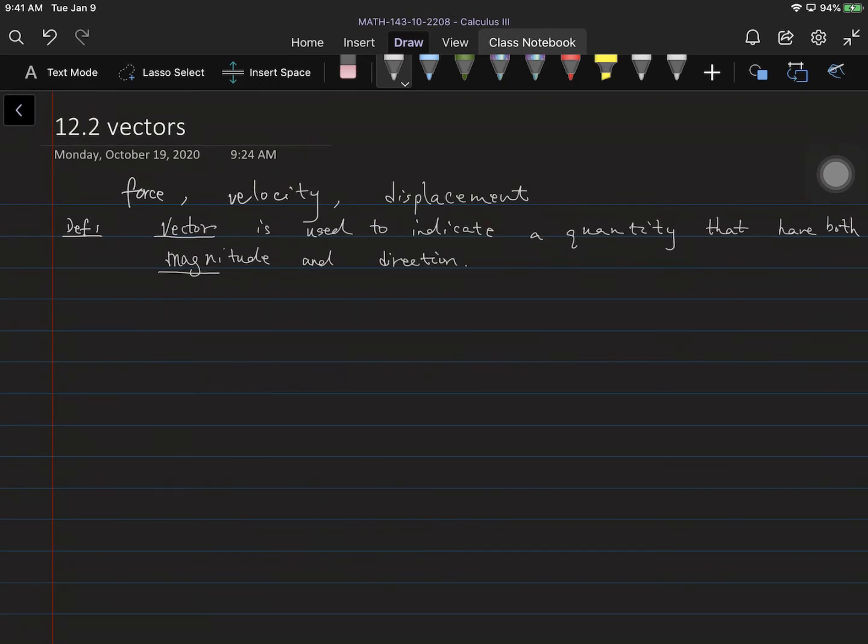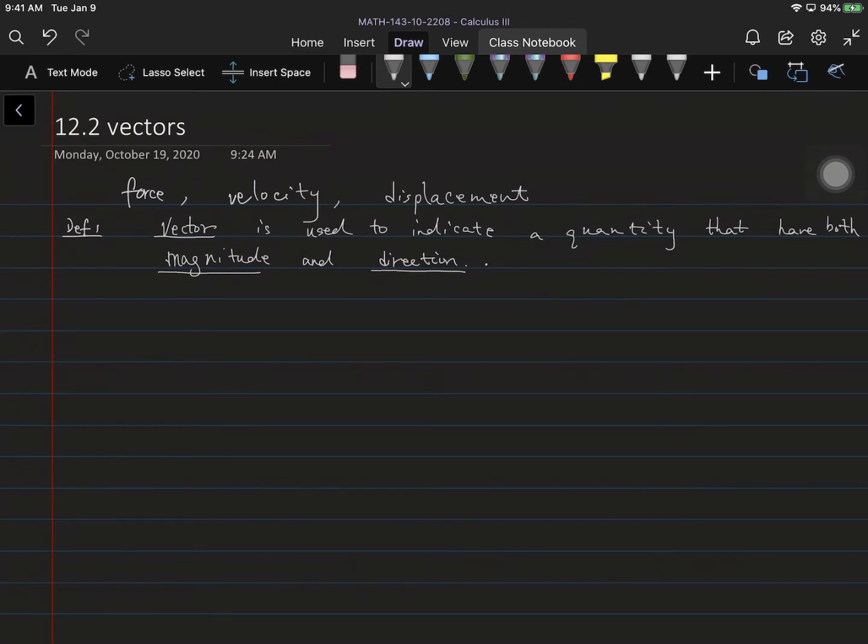So the magnitude of velocity actually is speed. Speed has no direction, but velocity has direction. So actually velocity is a vector, with magnitude and direction.